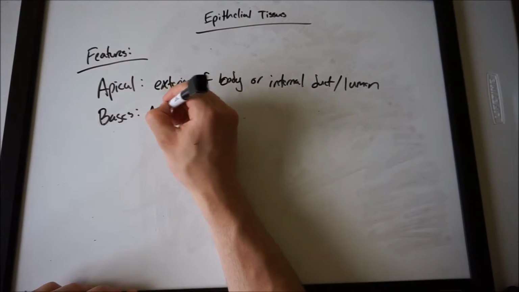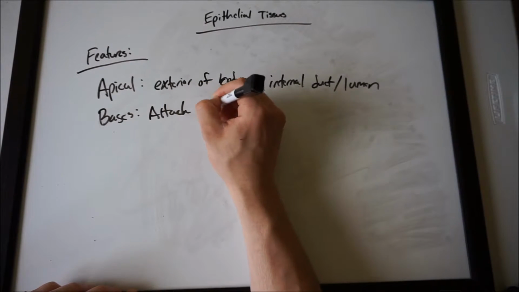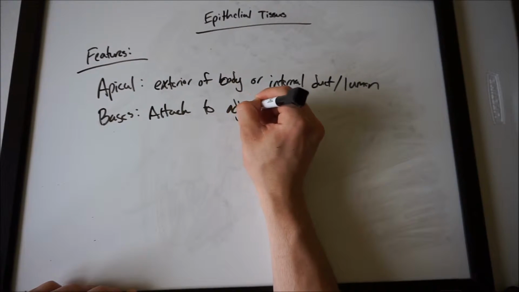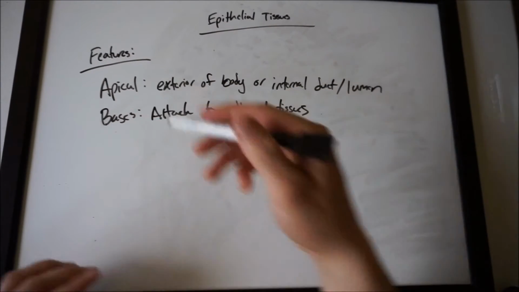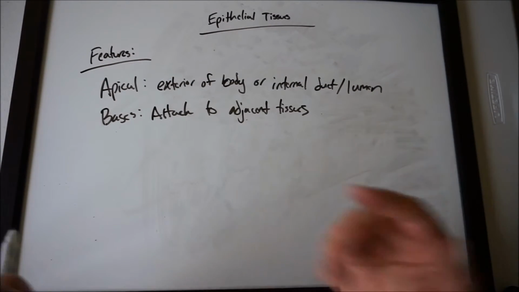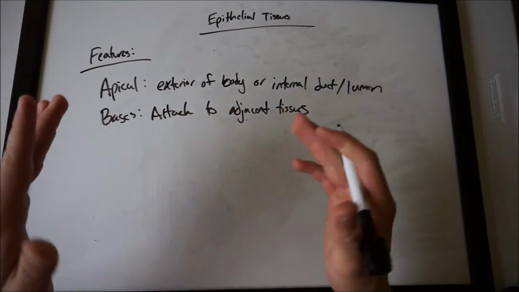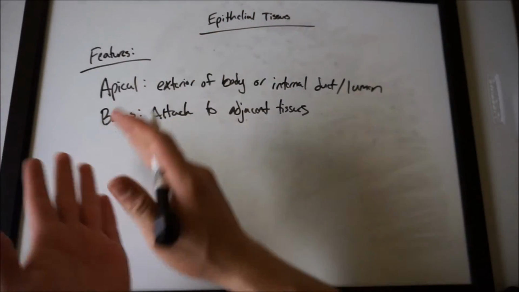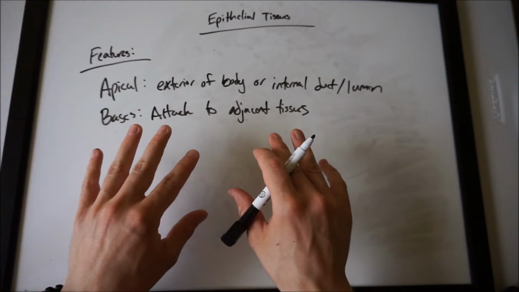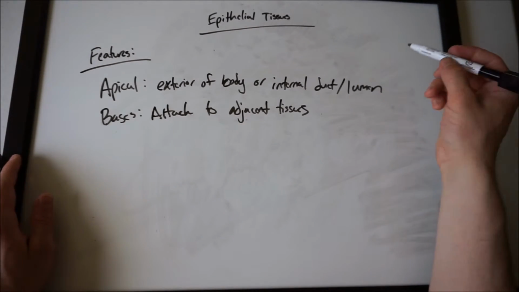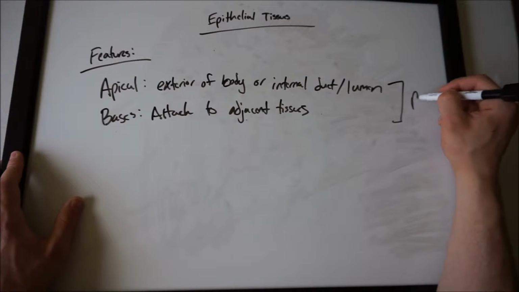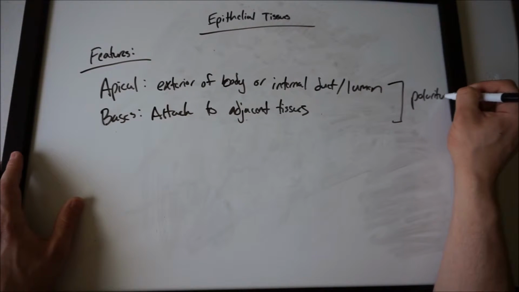And these attach to adjacent tissues. Because these epithelial tissues have two different sides, the apical and the base, which both serve different distinct functions, we say that they do have polarity.